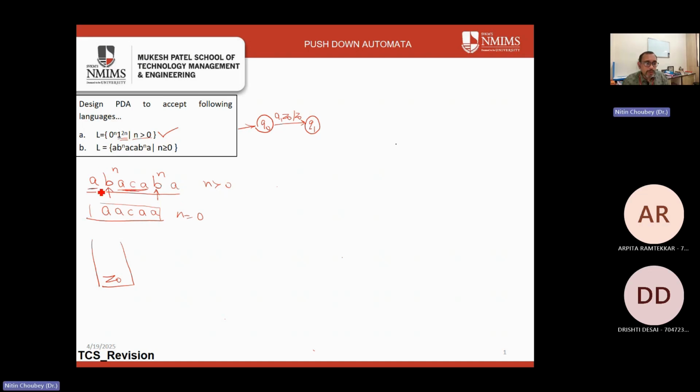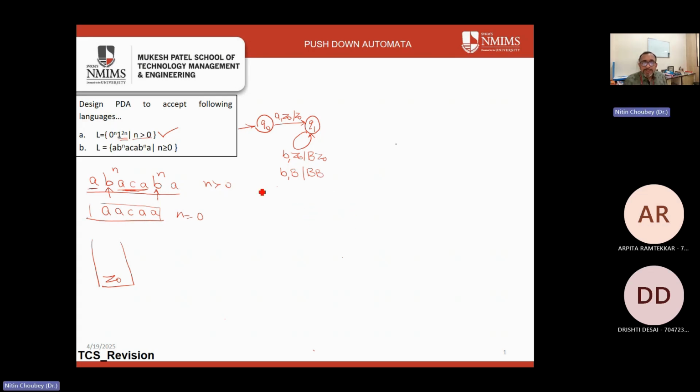Then as soon as we get B, what we are doing? B comma Z0: push capital B on Z0, if we have just one B. If we have more B's, what will happen? We'll get another B, but at that time the stack top would be capital B. So B on B. This will continue.